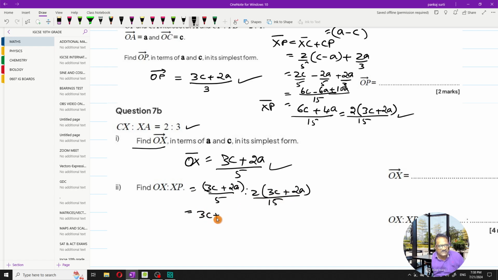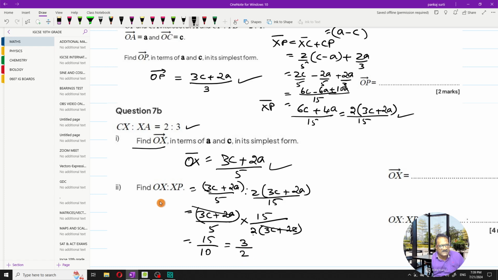Now 3C plus 2A whole upon 5, is to means division. So I'll do multiplication and I'll invert this. So it will be multiplied by 15 upon 2 into 3C plus 2A. Okay. Then this 3C plus 2A and this 3C plus 2A gets cut and you are left with 15 upon 10, which can be reduced: 5 3s are 15 and 5 2s are 10.